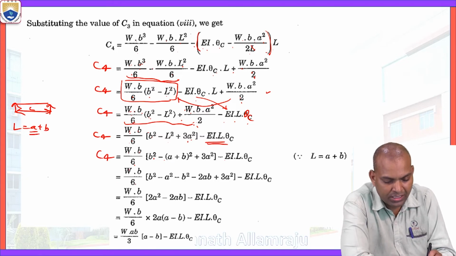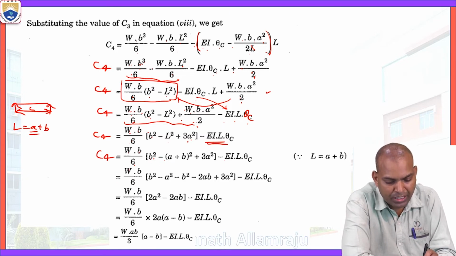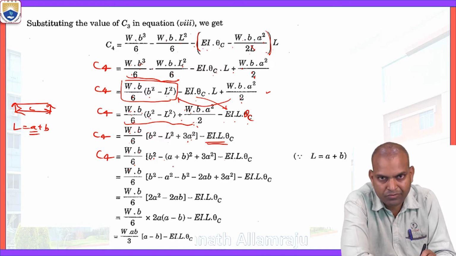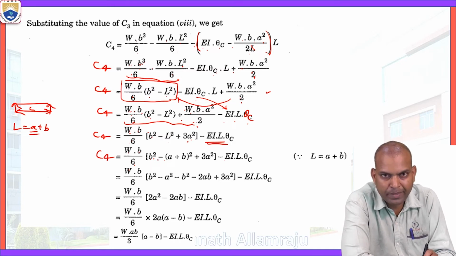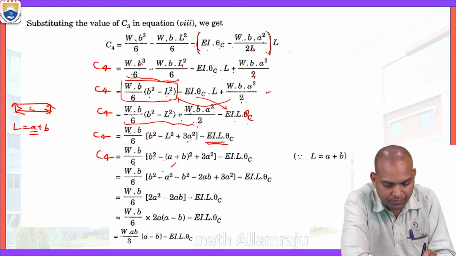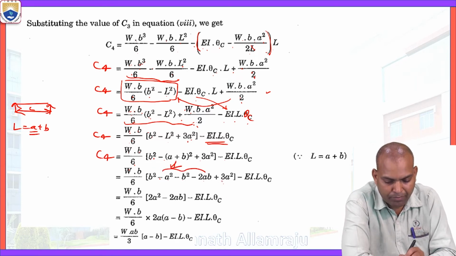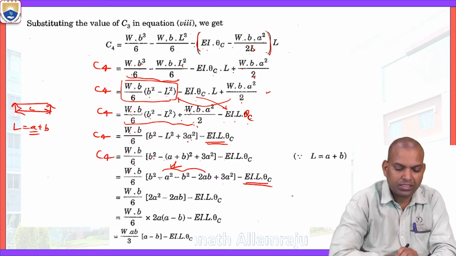Here wb by 6, further b square minus (a plus b) whole square, that is a square plus b square plus 2ab, and multiplied with the negative sign, minus a square minus b square minus 2ab. Plus 3a square minus EI l times theta c.